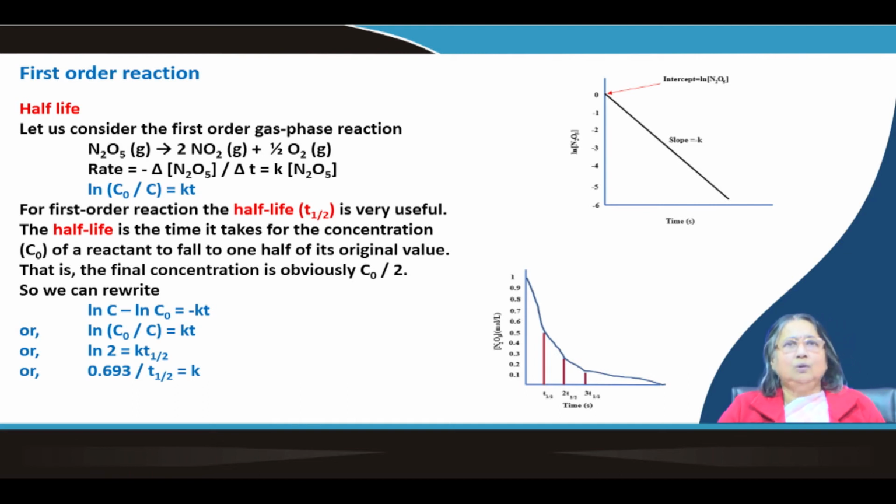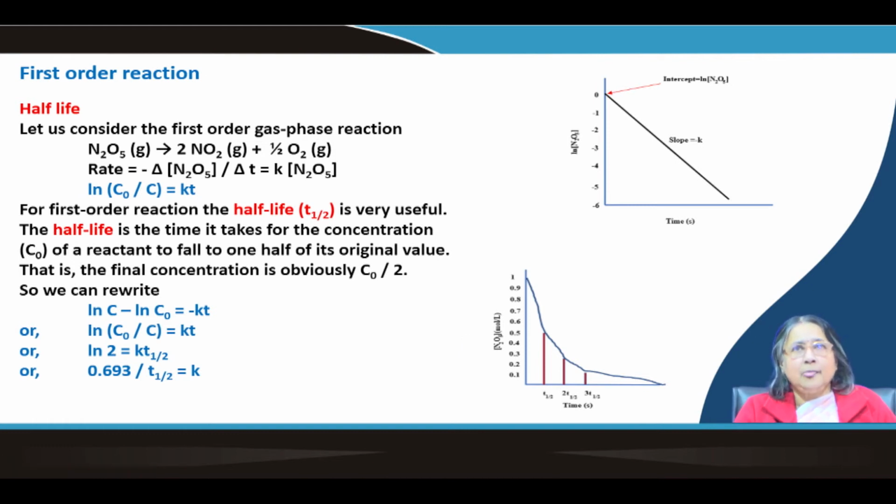Now, one thing is very important for first order reactions. What is that? This is the half life. This is also very important for radioactive elements. All the radioactive elements decay by first order, the degradation is a first order reaction.